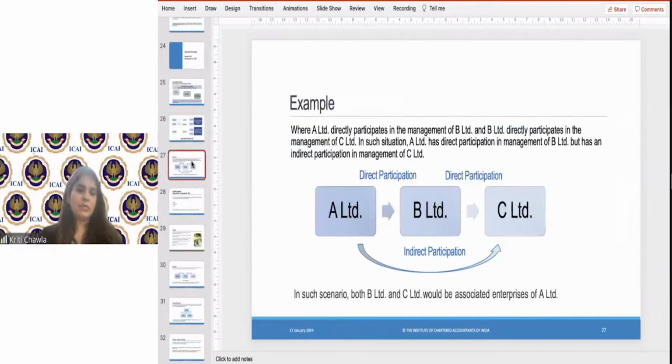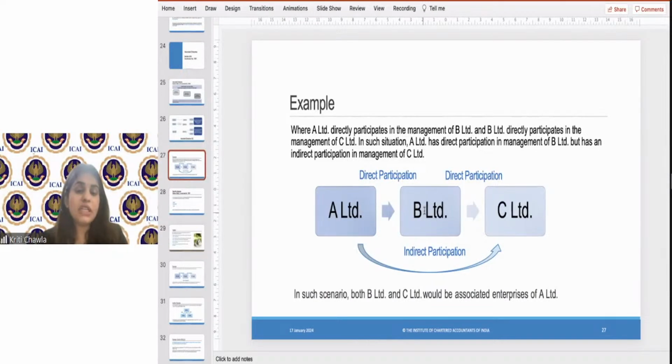Let's take another example here, which is the example on slide 27. In this particular situation, let's say that there is a company A Limited, and it participates in the management, control, and capital of company B. There is a direct participation.